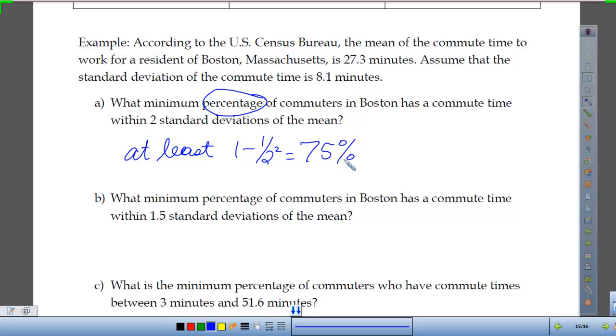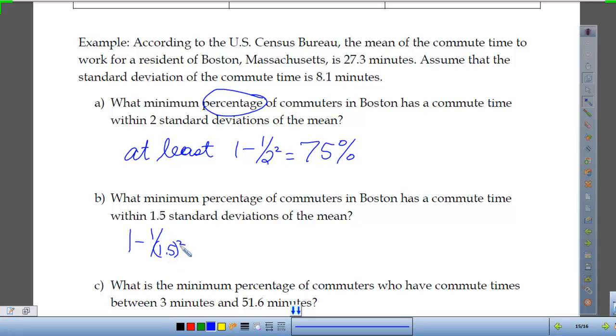What minimum percentage of commuters in Boston has a commute time within 1.5 standard deviations of the mean? What would we do? So 1 minus 1 over 1.5 squared.